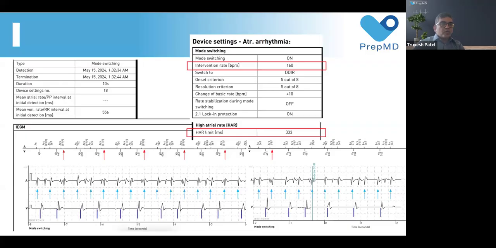However, before the mode switching occurs, you get this irregular heart rate when the device is trying to track the atrial arrhythmia faster than the max track rate. So you see these irregular V-pacing rates that might be impacting the patient. Please move on to the next slide.